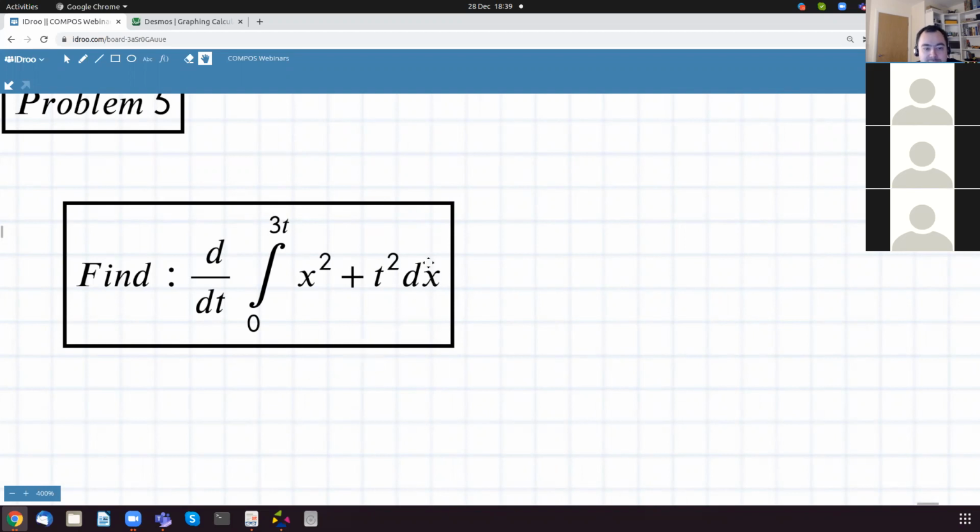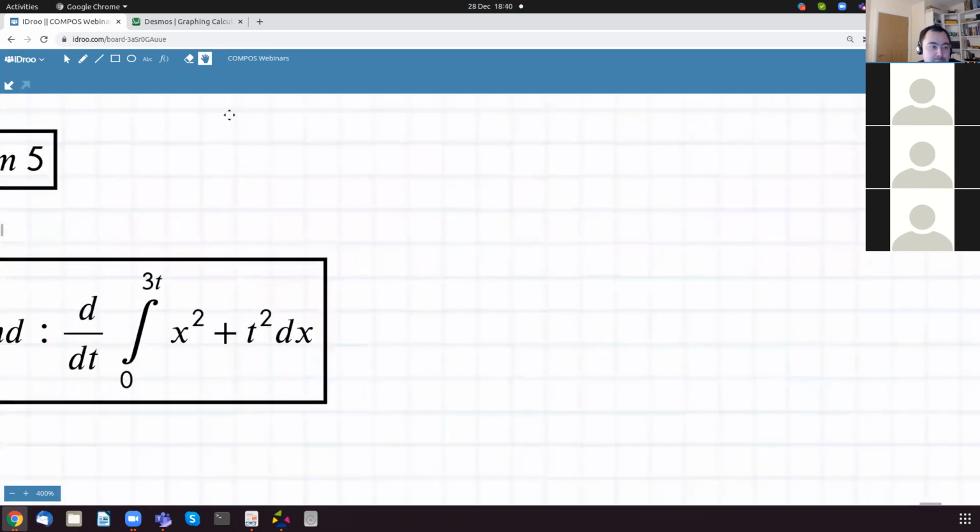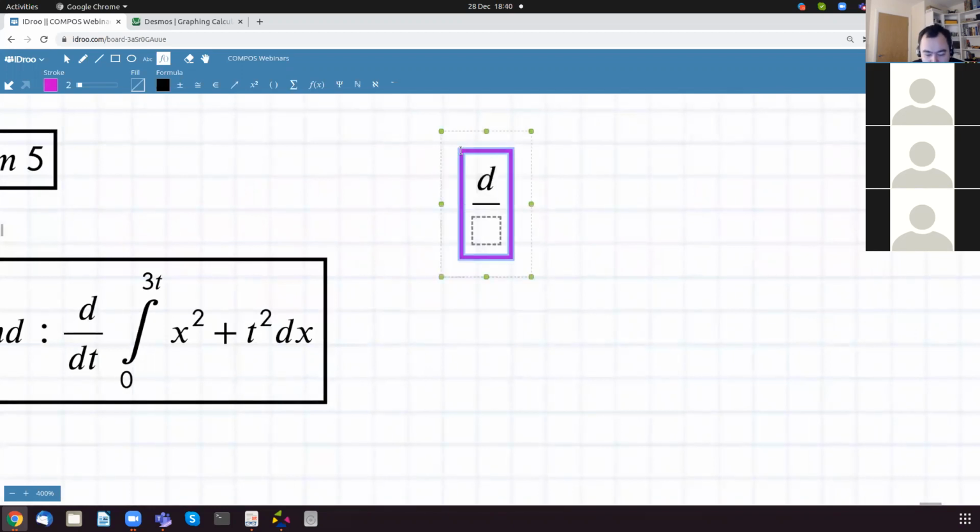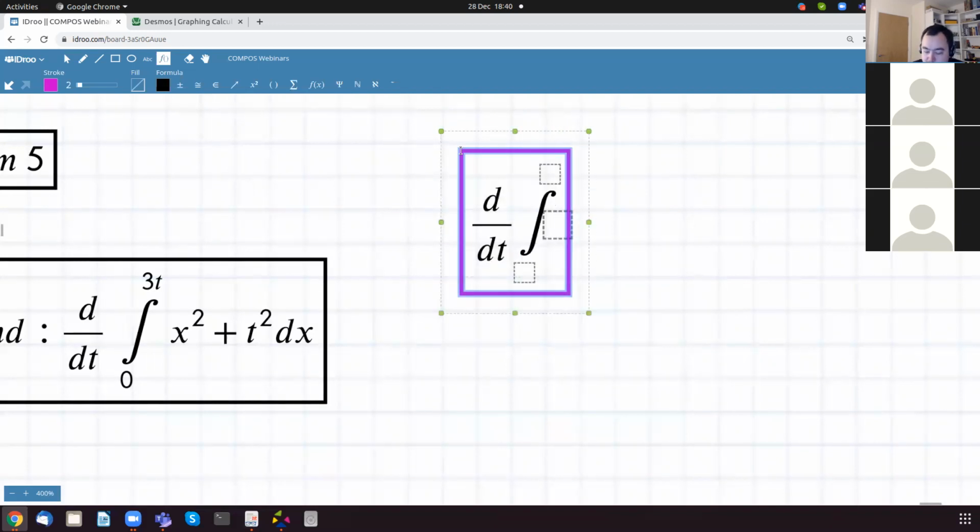Well, if they had the same variable, if you had dt here, then the task would be super easy, because d over dt of the integral of some function of t dt is simple.